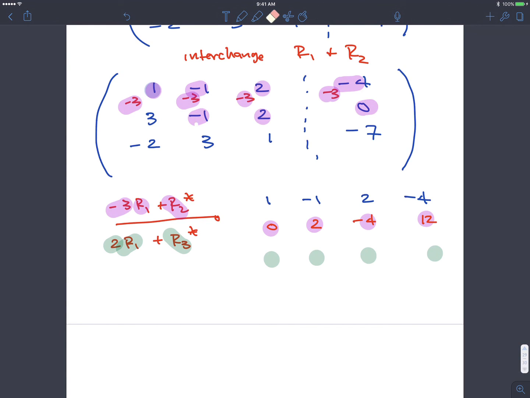Let's go back and carefully remove our highlights.